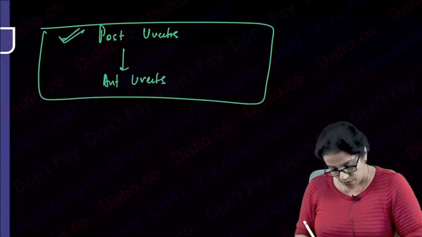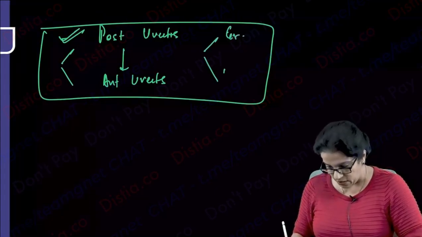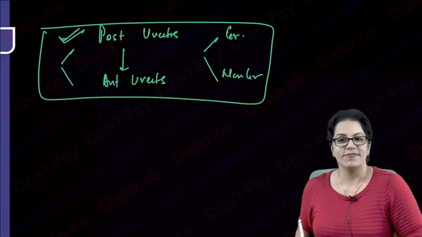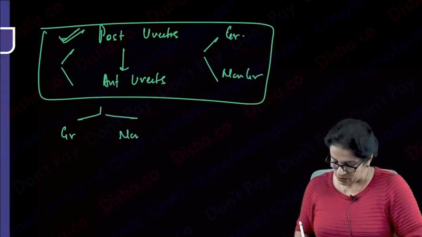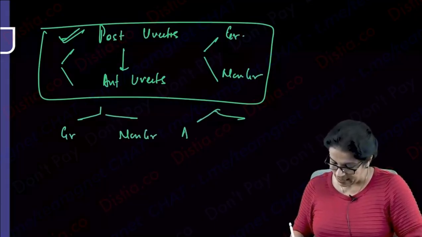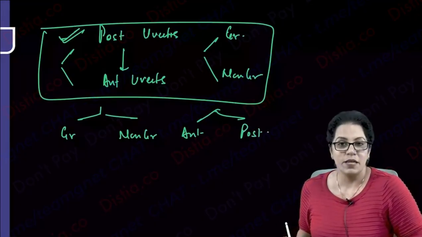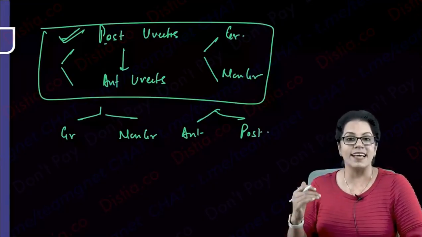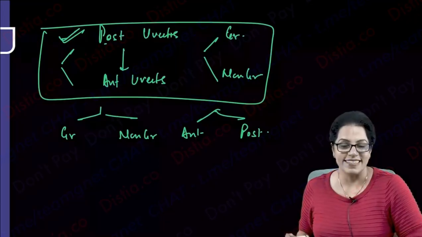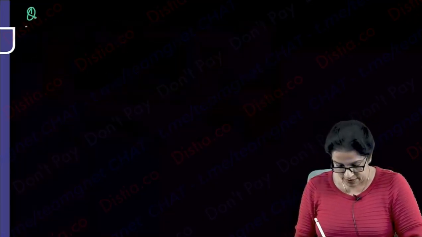So that means both are possible and it can either be granulomatous or non-granulomatous. So presentation can be granulomatous or non-granulomatous, anterior and posterior. All the combinations are possible, but primarily it is posterior and anterior uveitis is occurring as a spillover. Just remember this here.